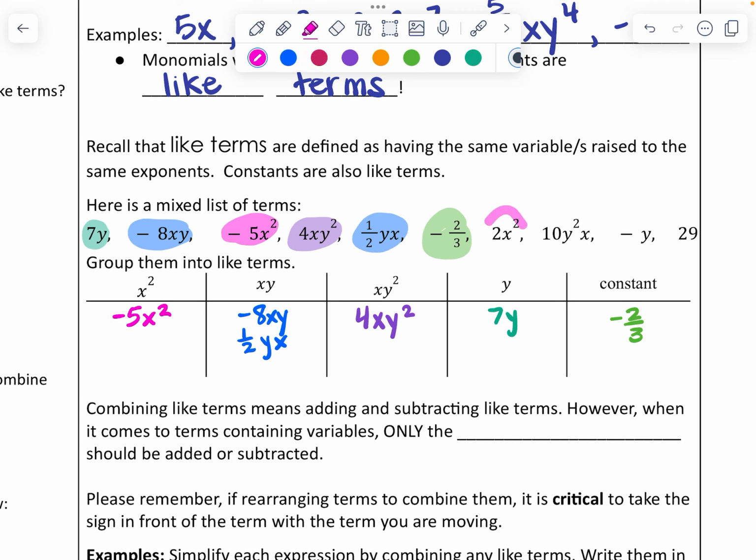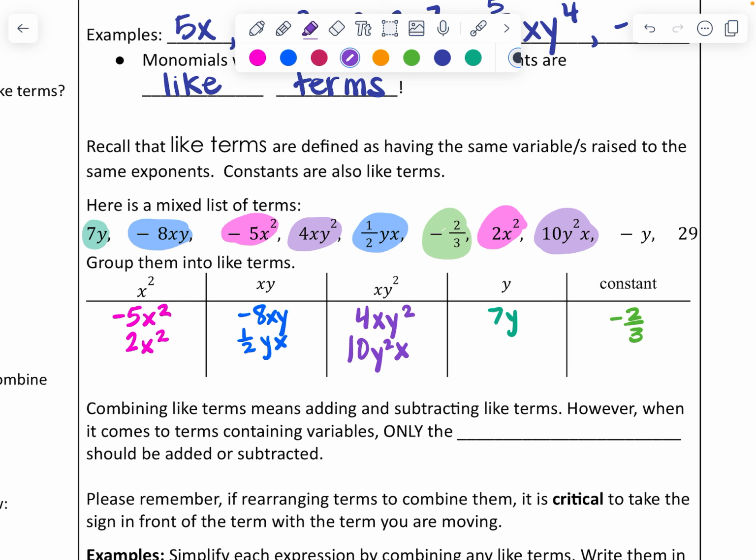2x squared, that would go in the x squared category. 10y squared x. That's going to go in the xy squared. Remember, order doesn't matter as long as the exponent 2 is with y and x has the exponent of 1, which is invisible.